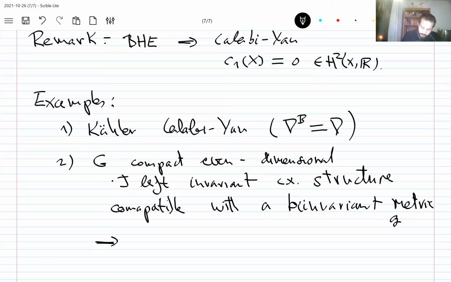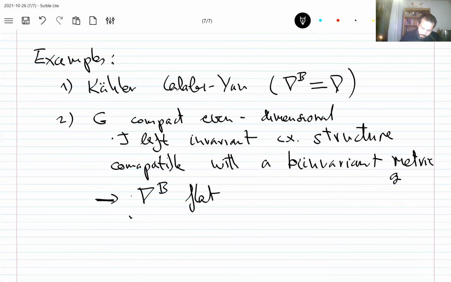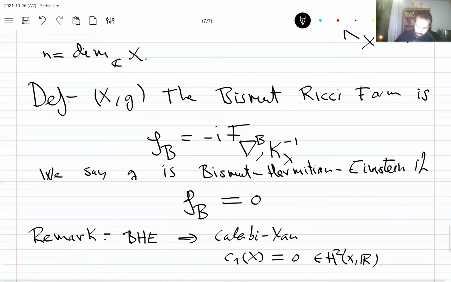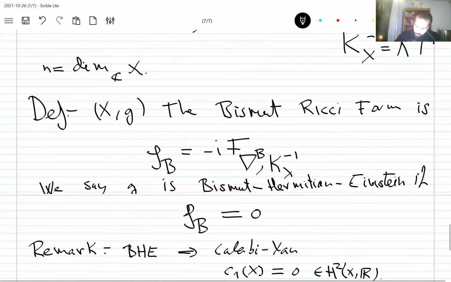So this thing gives you nabla^B flat and pluriclosed, and therefore Bismut Hermitian. Sorry, I didn't say this, but in my definition of Bismut Hermitian, I impose pluriclosed.